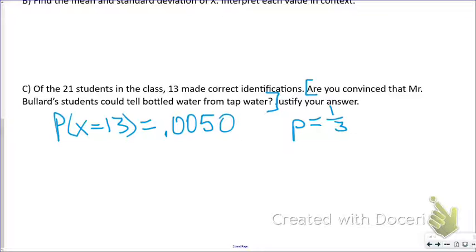So in a way, this question is testing whether or not, like they run the experiment and we compare it to this probability, and it's testing whether or not these students are guessing. Because if they're guessing, let's write this out.